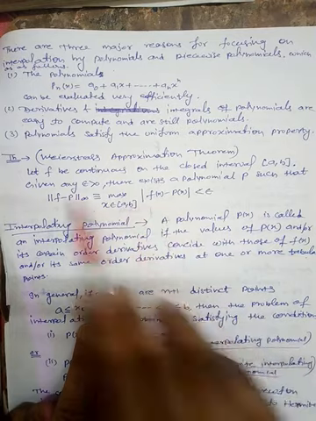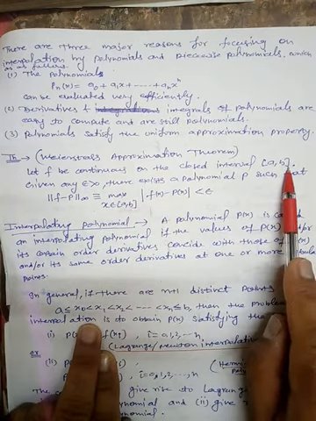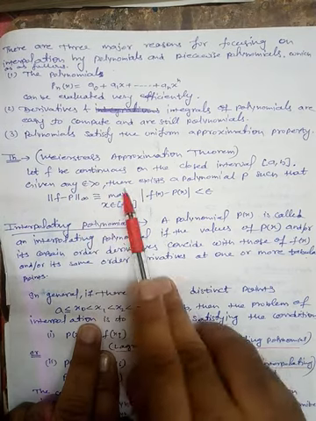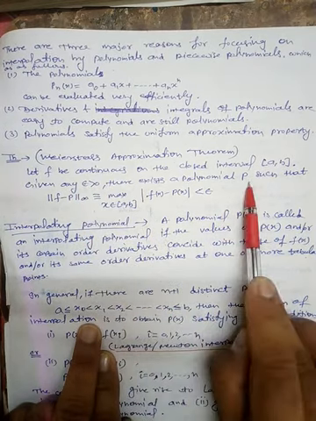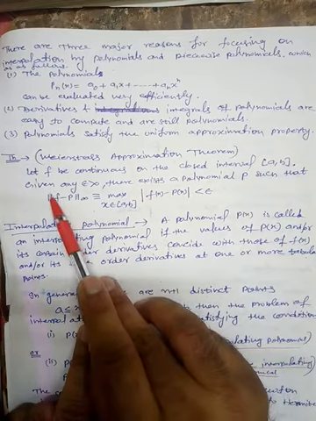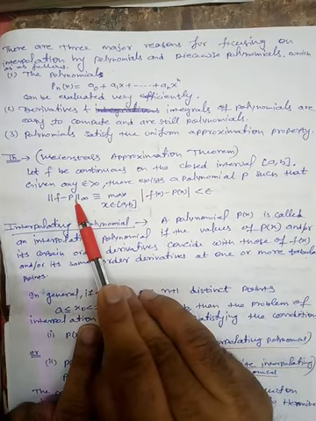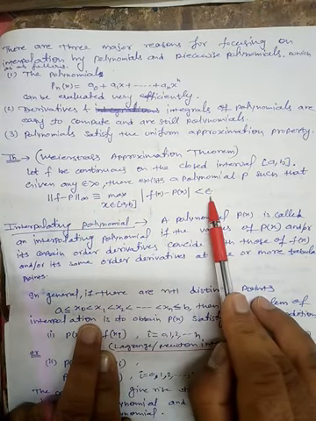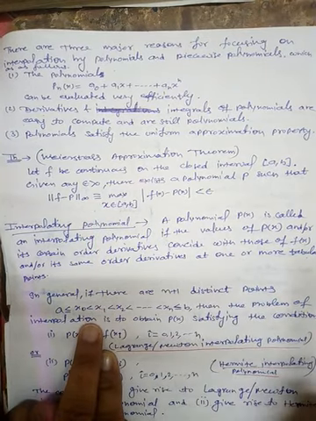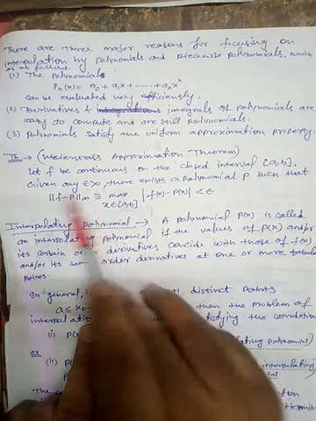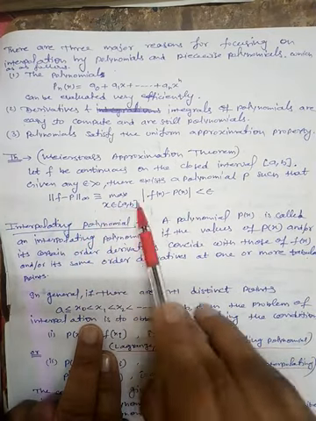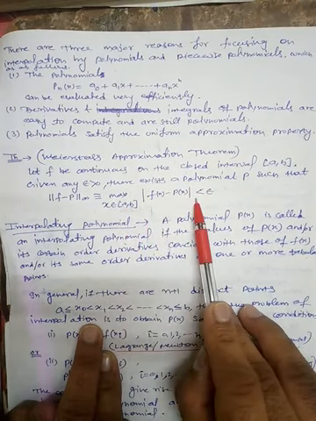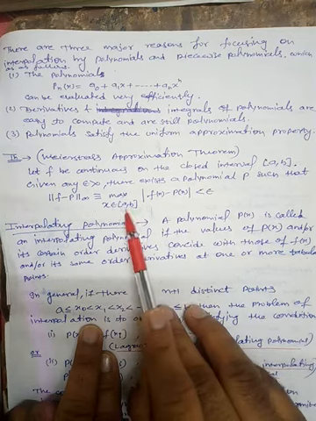So if f is continuous in this closed interval, then for any given epsilon, there exists a polynomial p such that the infinite norm of f minus p is less than epsilon. This is the meaning, and the definition of this norm is the maximum of the magnitude of f(x) minus p(x), where x belongs to [a, b].